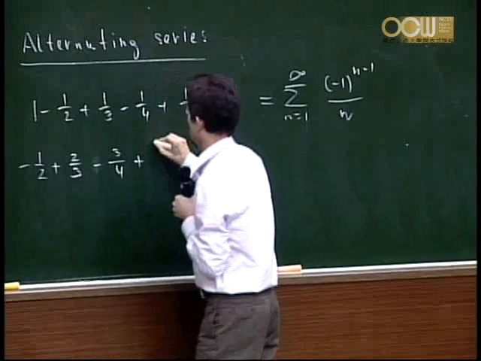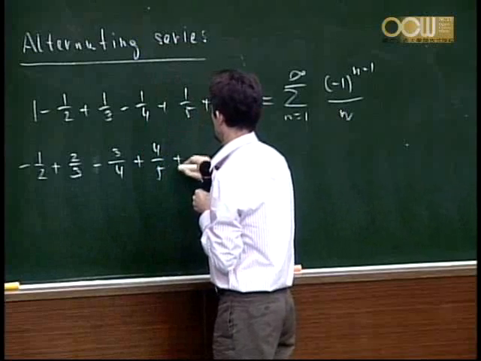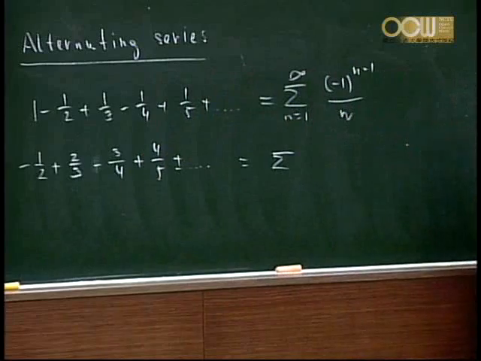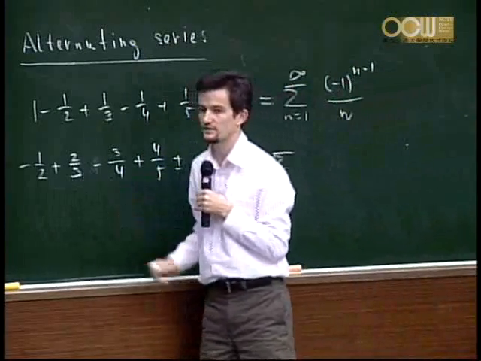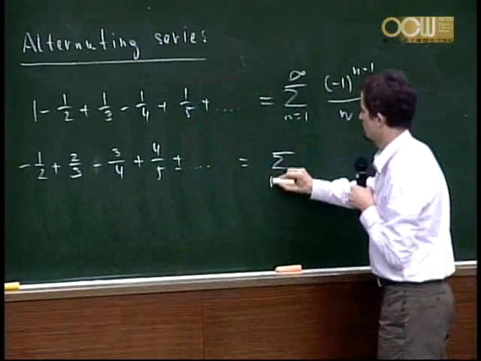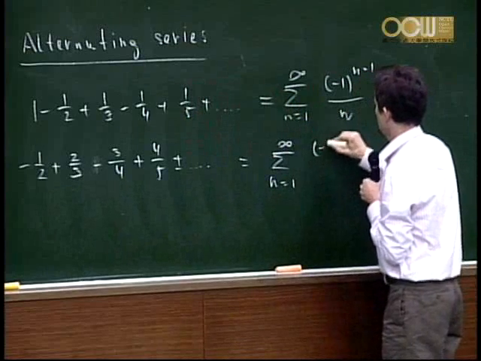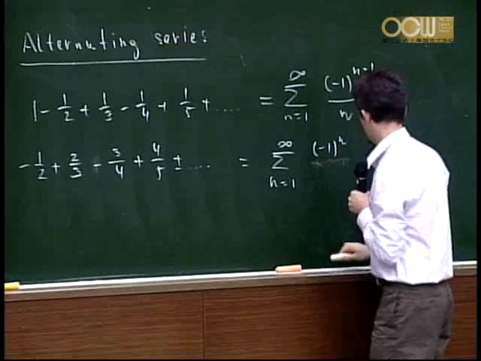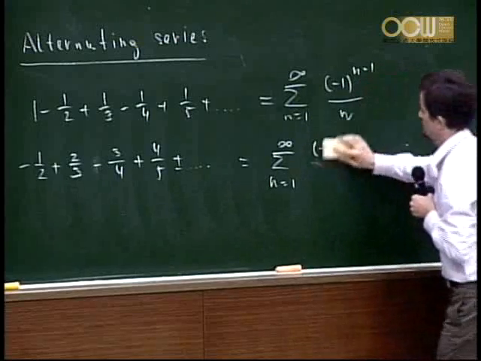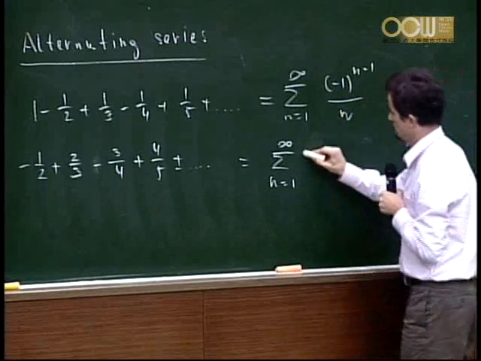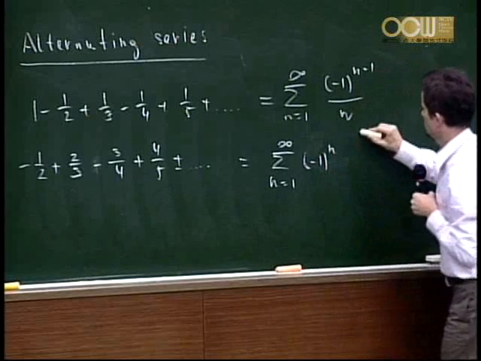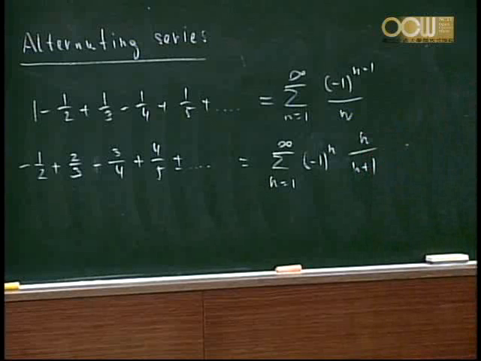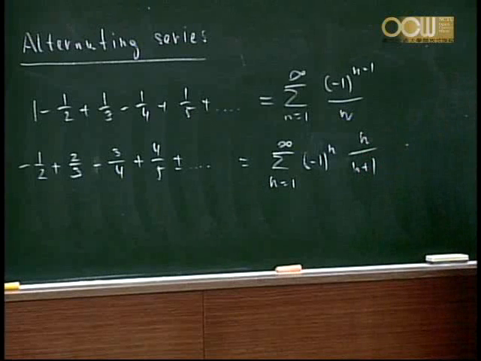If you look at this one, it starts with something negative, then positive, negative, and so on. So here you have minus 1 to the n, and the law of how the terms are built is easy: n over n plus 1.